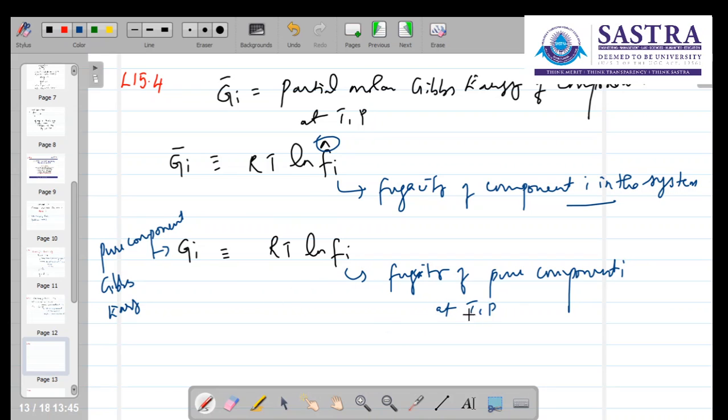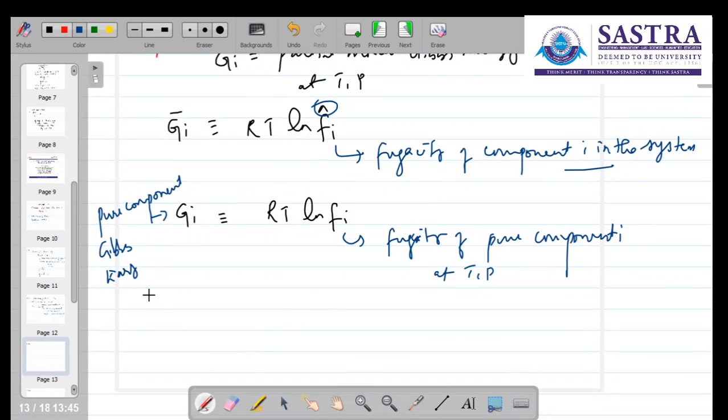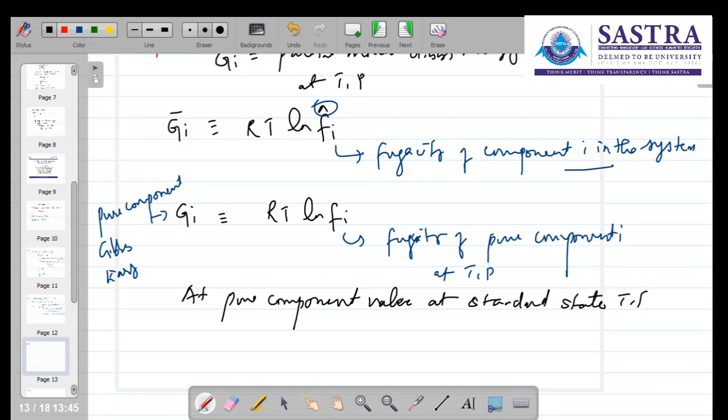Now instead of the reaction temperature and pressure, suppose we apply a standard state condition, so that the pure component values are at the standard state temperature and pressure. Typically the standard state is denoted by a naught.